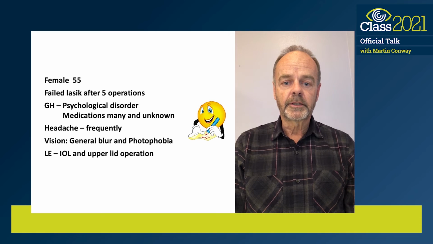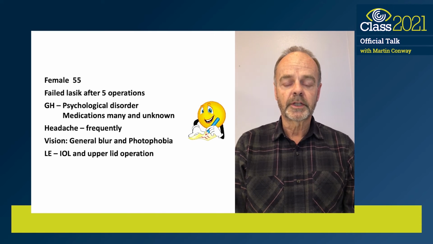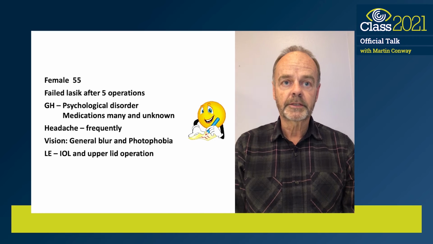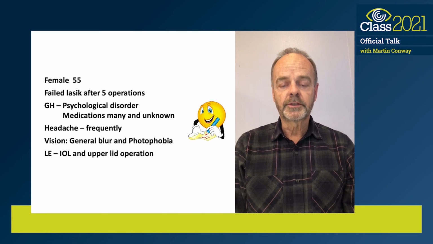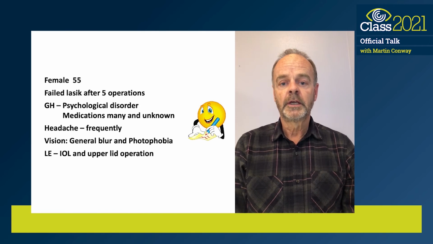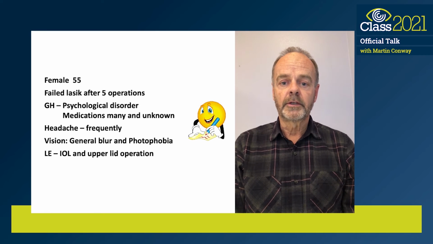She is a complicated lady because she has general health problems, taking a lot of medications, psychological problems. She suffers from headaches. Her vision is blurred, it's unstable. She's suffering from photophobia to the degree that she's actually having to wear sunglasses both outdoors and inside the house. She can drive a car, but only in the daytime.